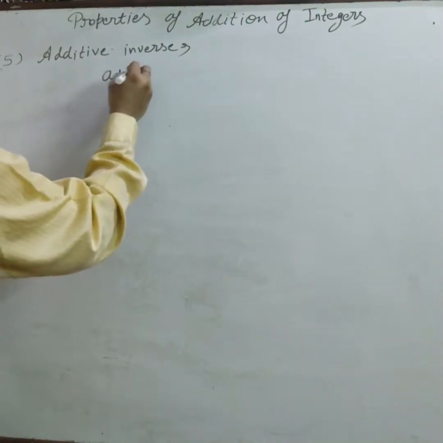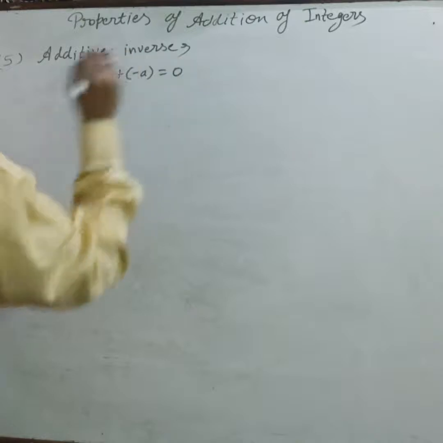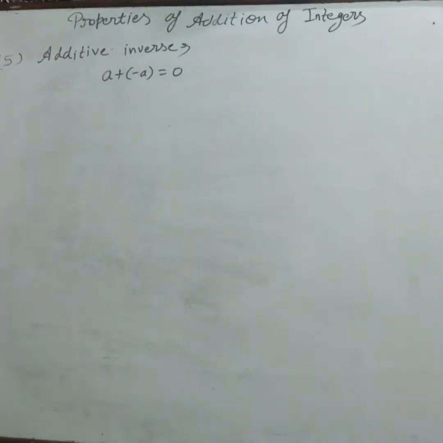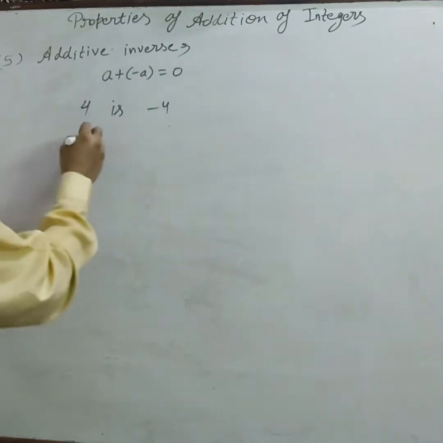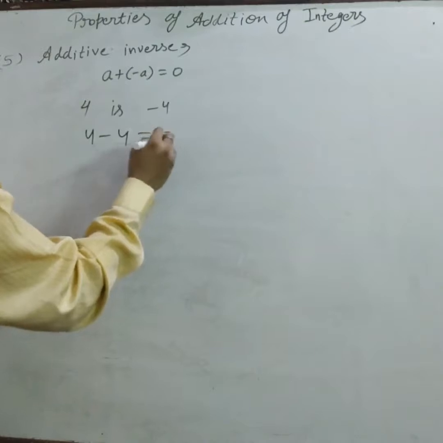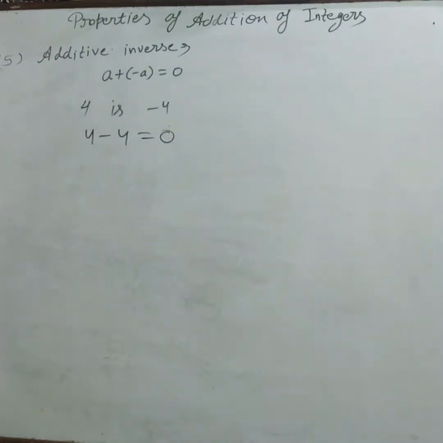This means the additive inverse of 4 is -4, because 4 plus -4 is equal to 0. That is the additive inverse.